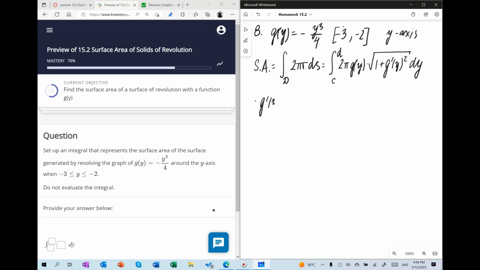First we find g prime, negative 3/4 y squared. Then we compute this part of the integrand. It's going to be 1 plus, let me just square it right away.